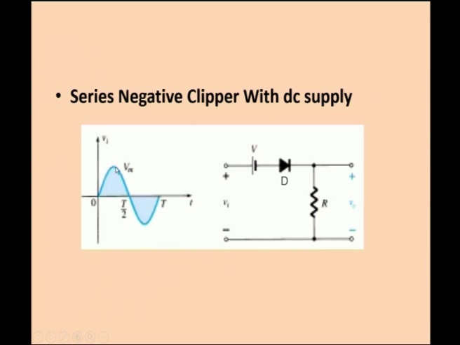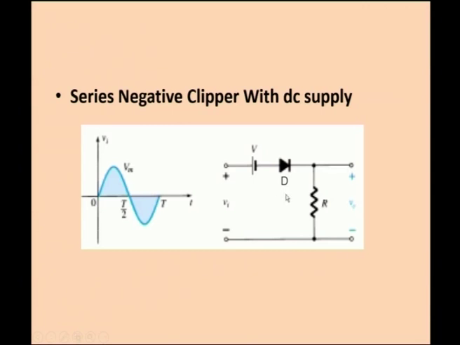The maximum voltage is taken as Vm, and this DC voltage is taken as V, and positive is given through the supply to the anode, and negative is connected to the diode. I am sorry, the negative terminal is connected to the negative terminal of the external supply. So, here only the DC supply is included in the circuit when we compare it with the previous circuit.